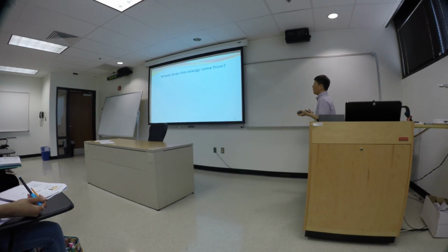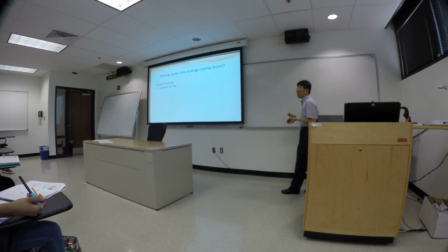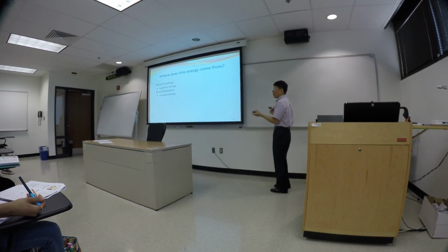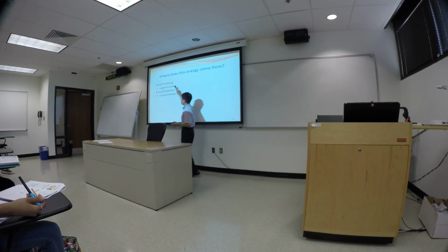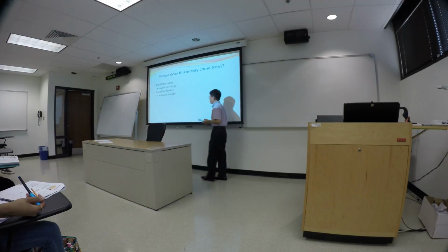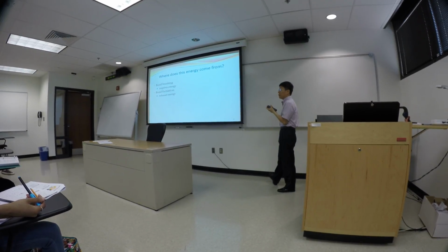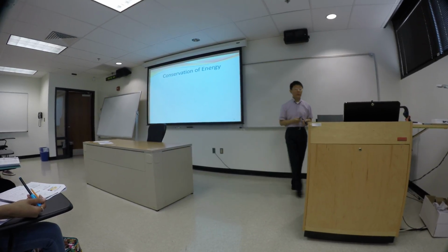We mentioned that breaking a chemical bond requires energy, and bond formation releases energy. So whether a process is endothermic or exothermic depends on the total energy required for breaking the bonds versus the total energy released by bond formation. The difference between those two will determine whether a process is endothermic or exothermic.